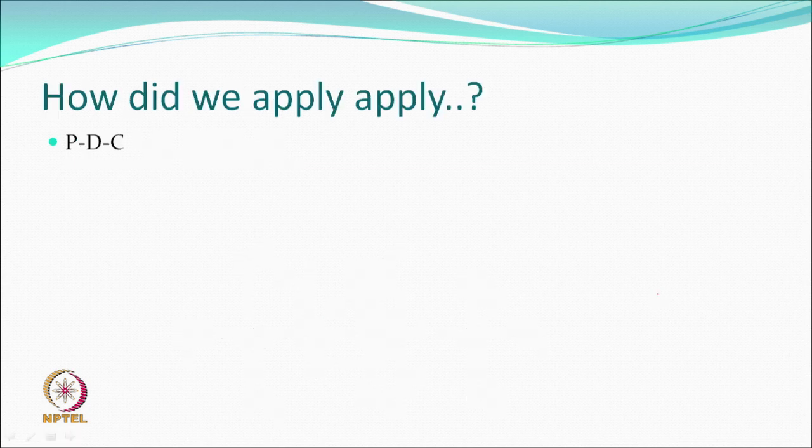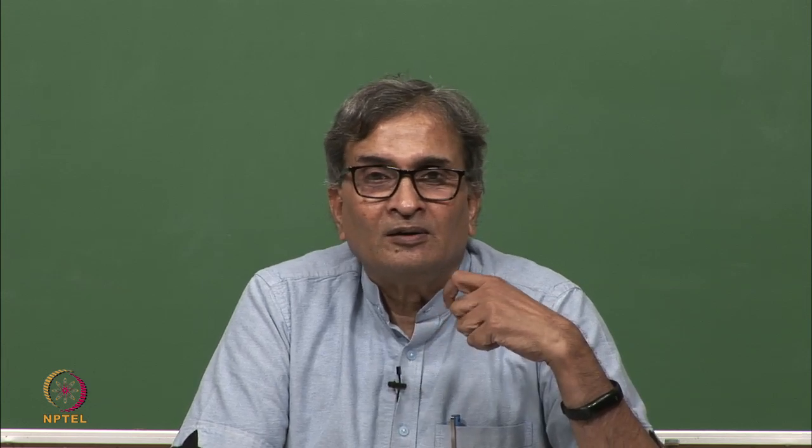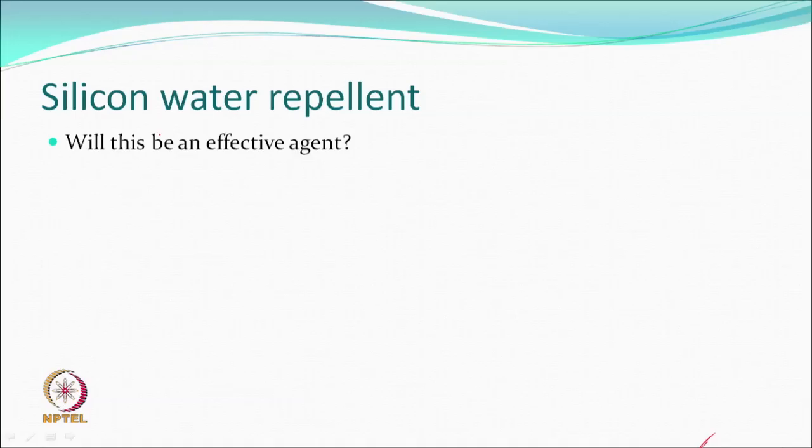And how did we apply them to the textile? We applied through a pad dry cure process, because we believe that whether or not part of the group is reactive, they can make a film like thing on the surface of the fiber, yarn or fabric, and you get softness. Now, the question that remains is, is this material good enough as a water repellent?